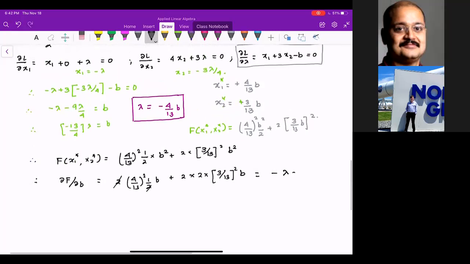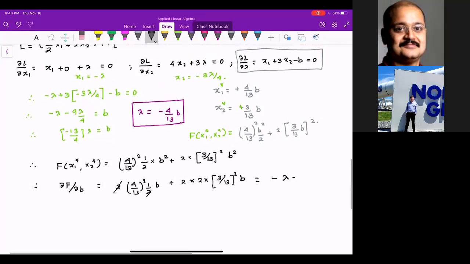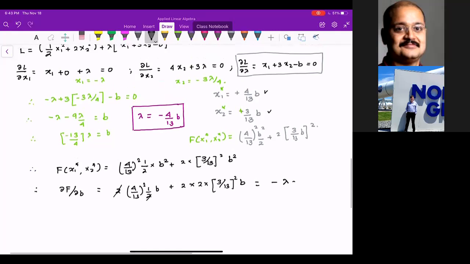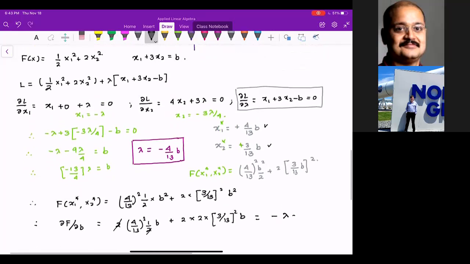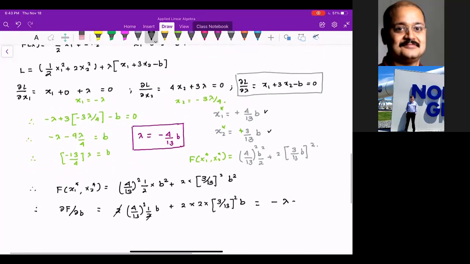Oh, you're not getting minus lambda? Probably I made a mistake somewhere. Basically, once you take the, let me see, where did I make a mistake? Is your x1 value matching with my x1 value? X2 value? Yes. The minimized cost function, which is 4 by 3.